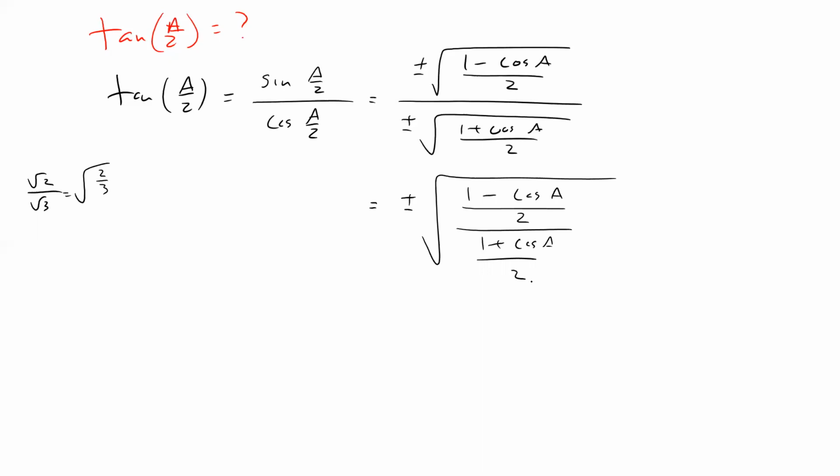And the 2's are gone, as we mentioned earlier, right? Denominators go away. Plus or minus 1 minus cosine A over 1 plus cosine A.